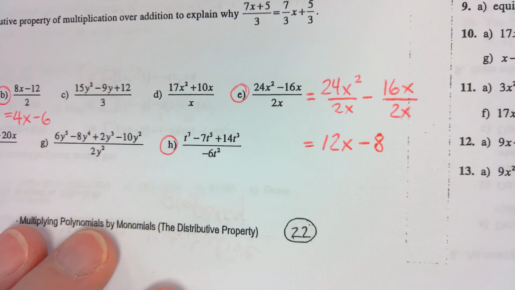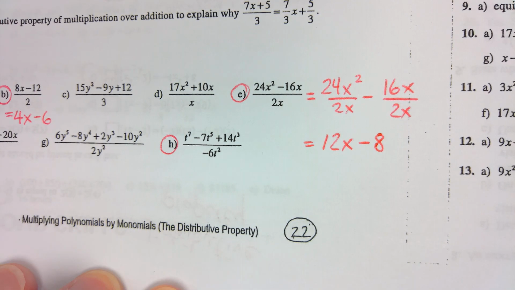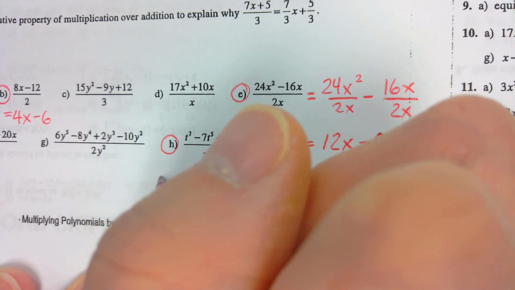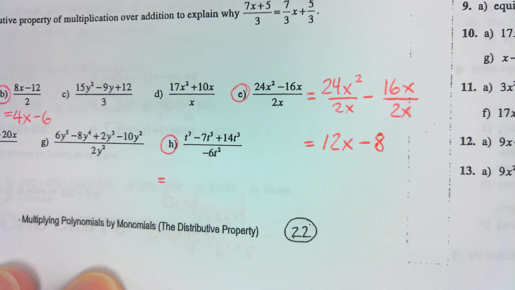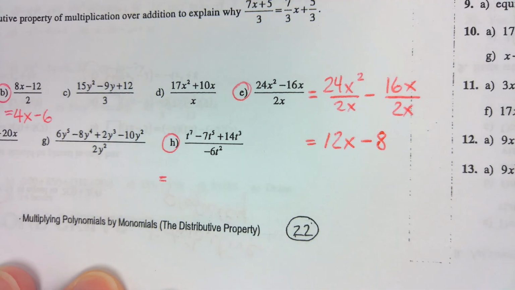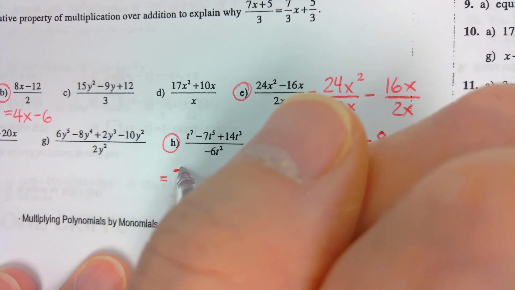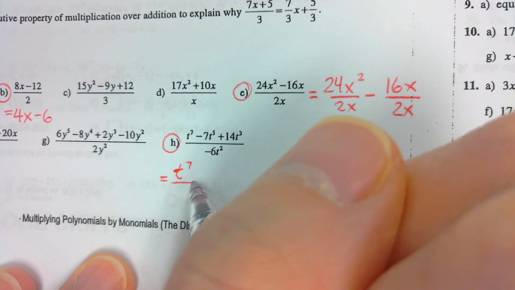Okay. Last one, very last example for today. Max, the very last one. If you can do this, that means you ace this. First of all, t to the power of 7.